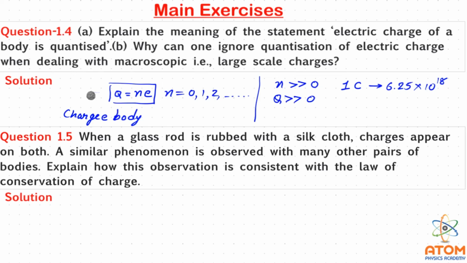Yes, this is found with many objects. Like if you rub a plastic on fur, then the plastic will become negatively charged and the fur will at the same time become positively charged. But all of this phenomenon is basically an expression of conservation of charge only, because let me show you.